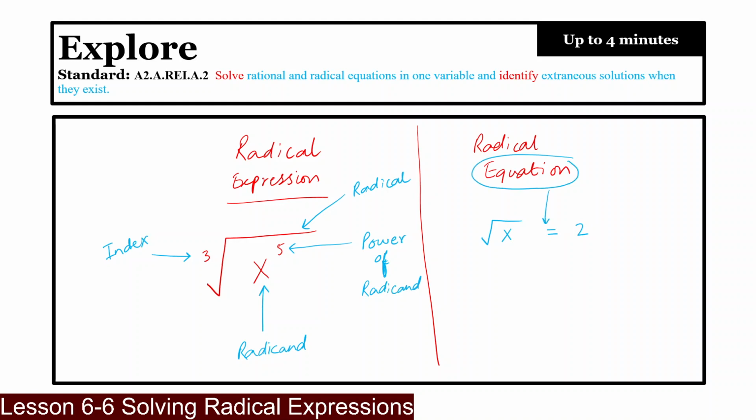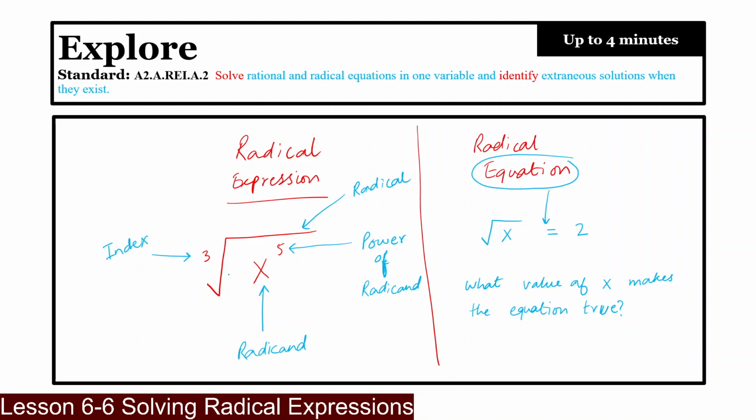And you're trying to figure out what value of x makes this equation true. So just like any equation, we're trying to figure out what value of x makes this equation true. Right, so that's what we're learning today, but it's extremely important that we know the parts.